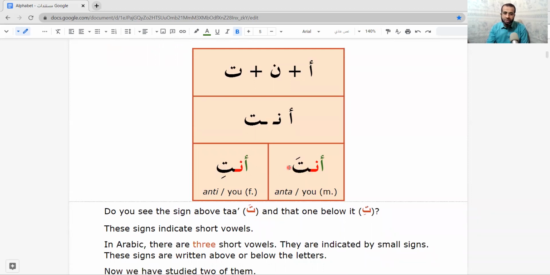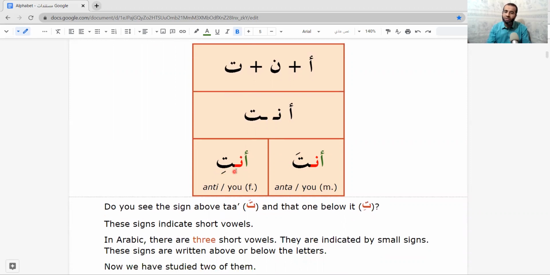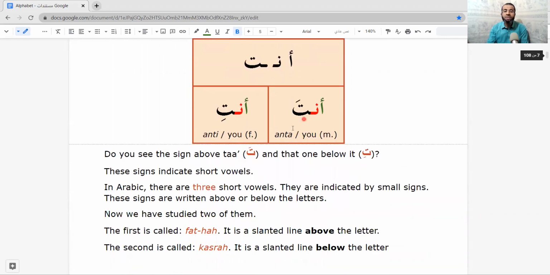But look here, there are two words. You see the difference? Do you see the sign above ta and that one below it? This one above ta and this one below it. What is this? Look here, we say anta, which means you, male, and anti, which means you, female.